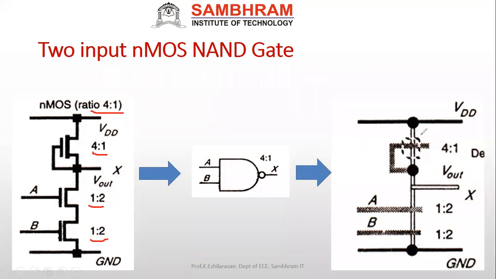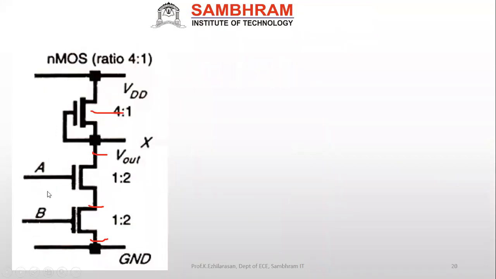Okay, so this is the monochrome notation. Now let us see how we get the transient delay for a NAND gate. As you know, we are working in the active linear region.